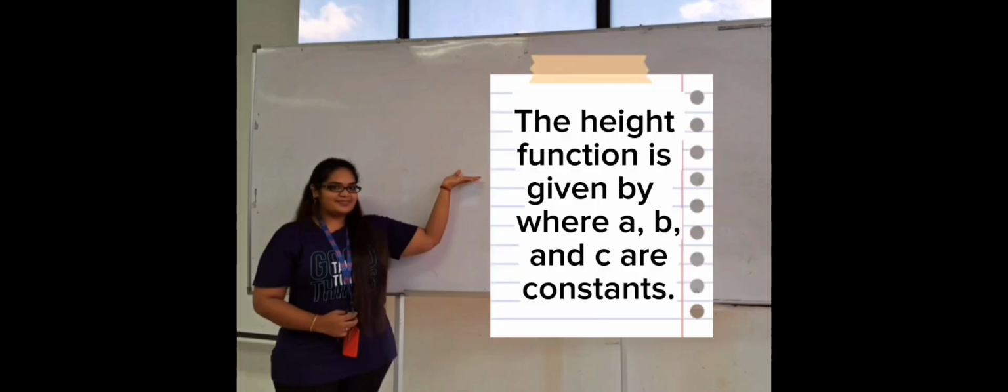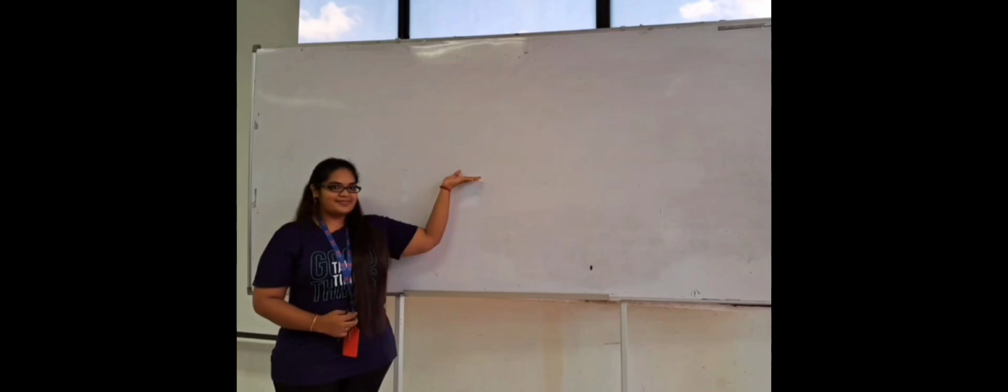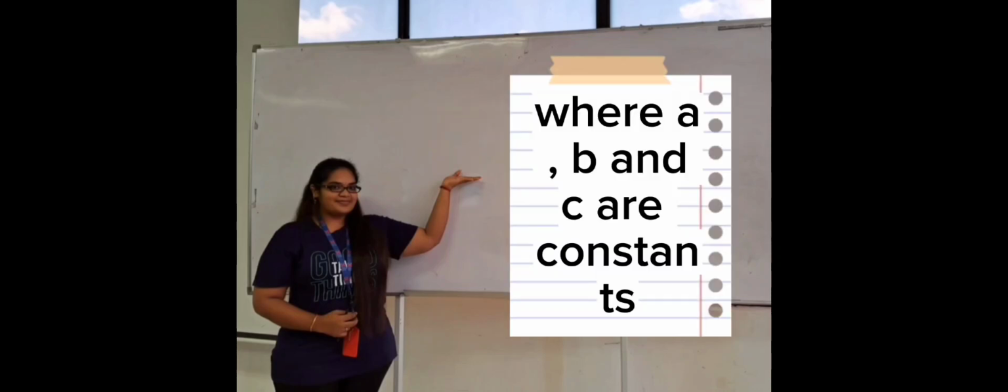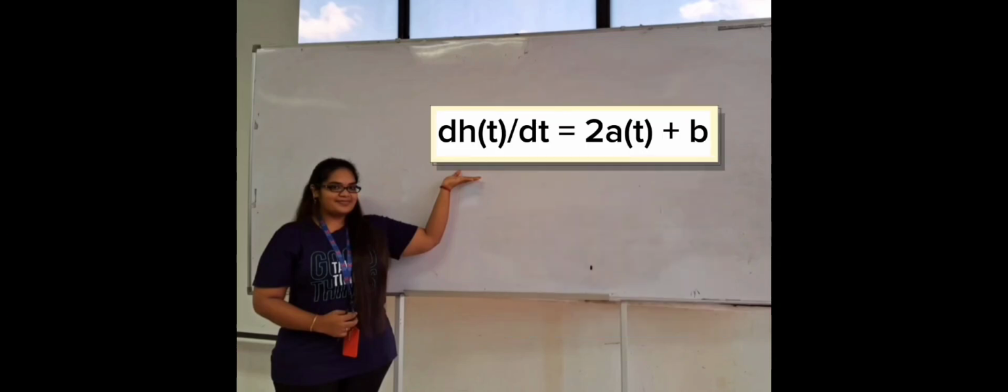So let's assume the height function is given by h(t) equals at² plus bt plus c, where a, b and c are constants. Taking the derivative of h(t) with respect to t, we get dh(t)/dt equals 2at plus b.